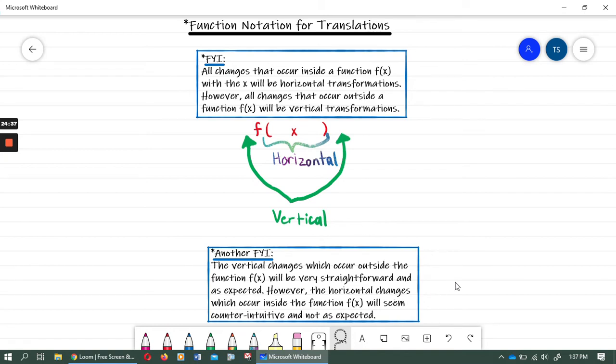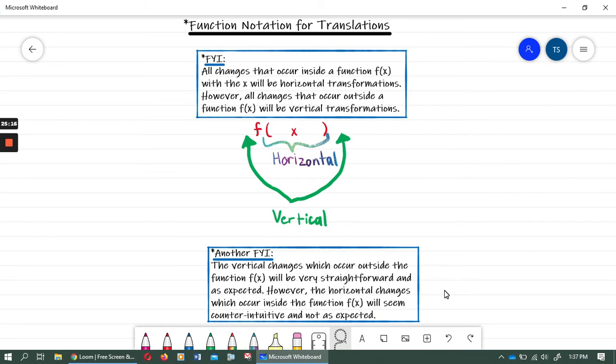And again, those horizontal changes are always going to seem counterintuitive. The horizontal changes that happen inside of the function are going to be the opposite of what you would expect them to actually be. If you know anything about what horizontal changes and vertical changes do on a coordinate plane, then you will know what I'm talking about in just a second.